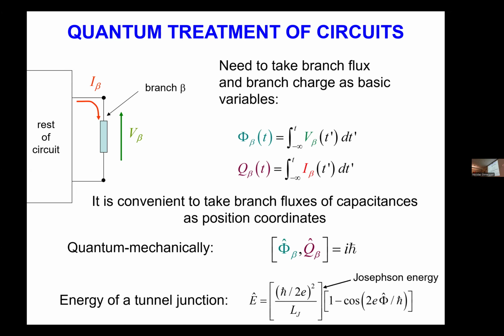Once you have introduced this flux, you can compute the energy of a Josephson junction, and you see it's a cosine function of this generalized flux. It's not a magnetic energy, it's an energy associated with the acceleration of electrons across the barrier.